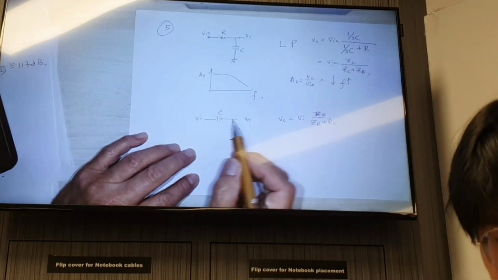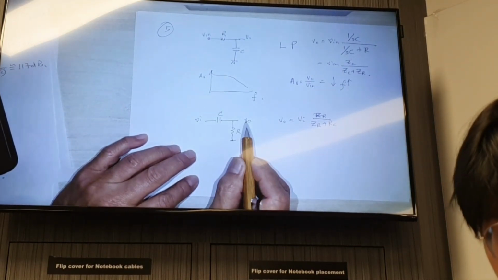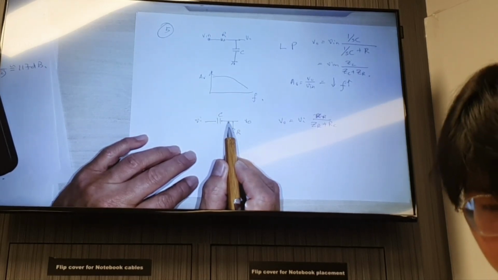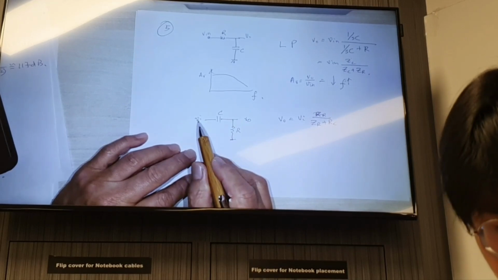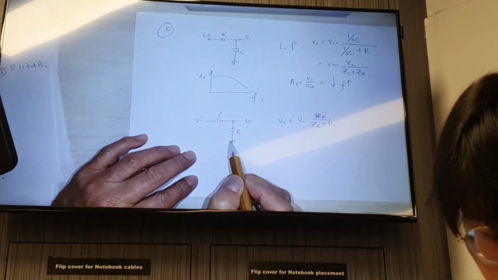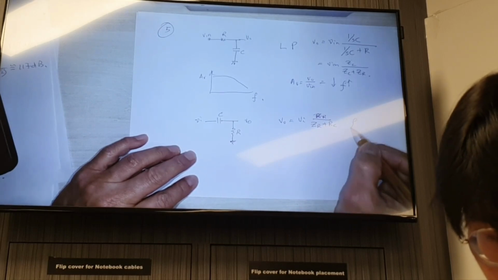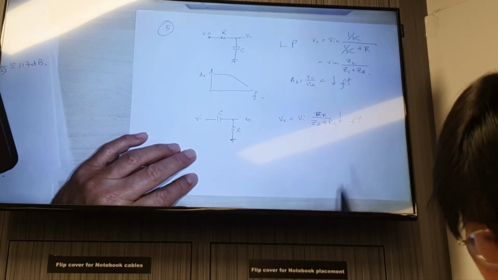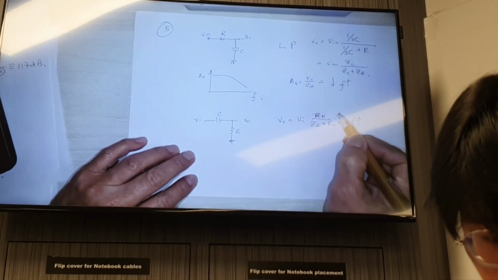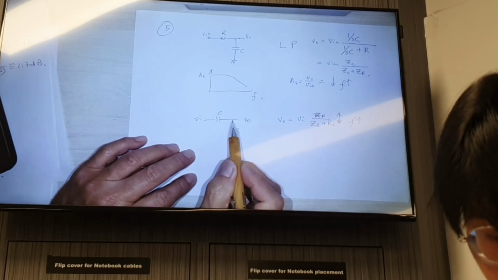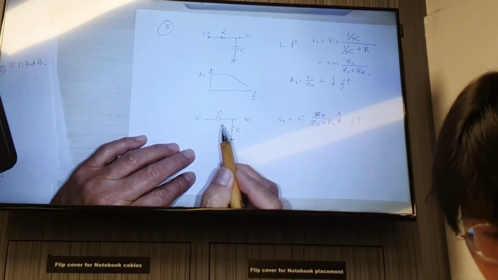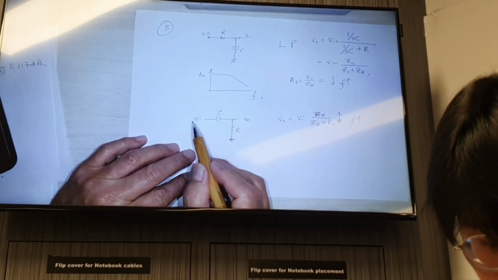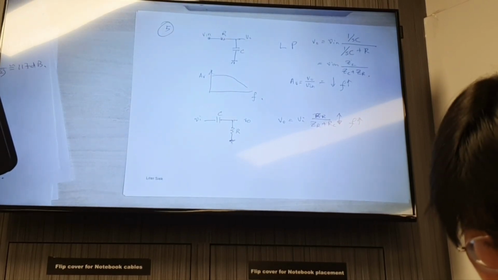But as frequency increases, the value of V out starts to increase, because this term becomes smaller and smaller, so the major portion of V in goes across R. The input drops across this resistor more than the capacitor, so the value of V in appearing at the output becomes stronger and stronger.